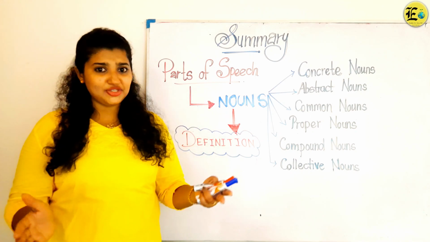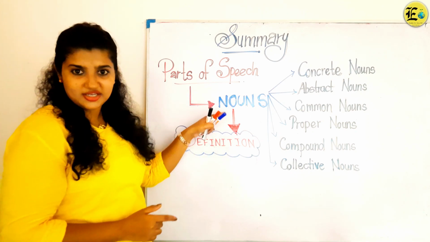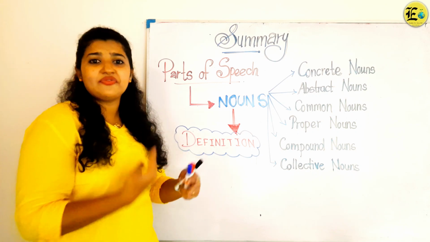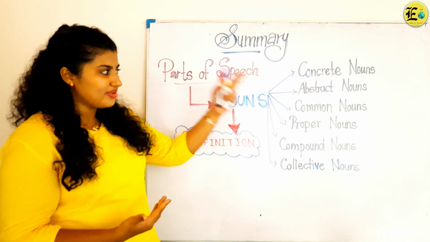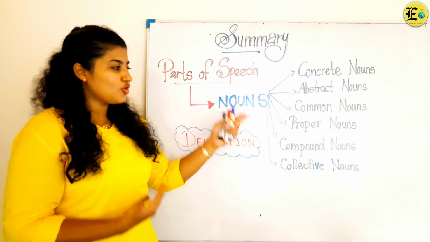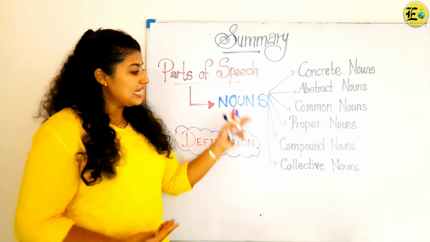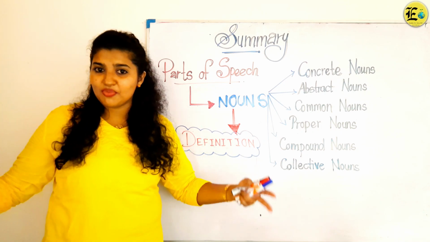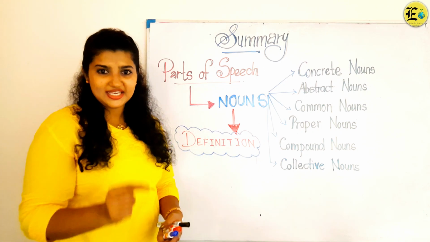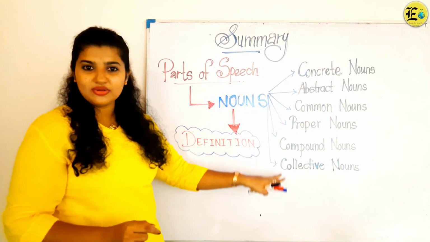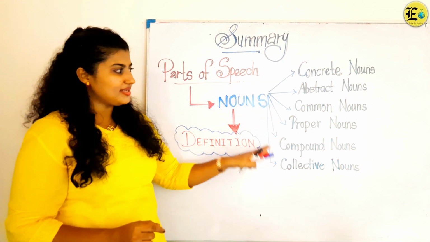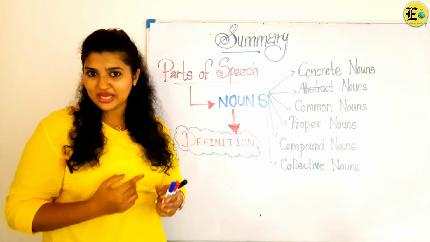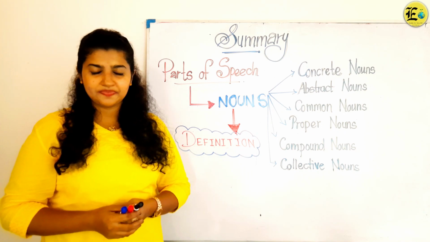So within our video today, we discussed what a noun is, we explained the definition, and then we showed you several classifications such as concrete nouns, abstract nouns, common nouns, proper nouns, compound nouns and collective nouns. There are various more kinds of nouns, but for a basic user, the six-part classification of these nouns would easily help you to improve your vocabulary for your daily usage.